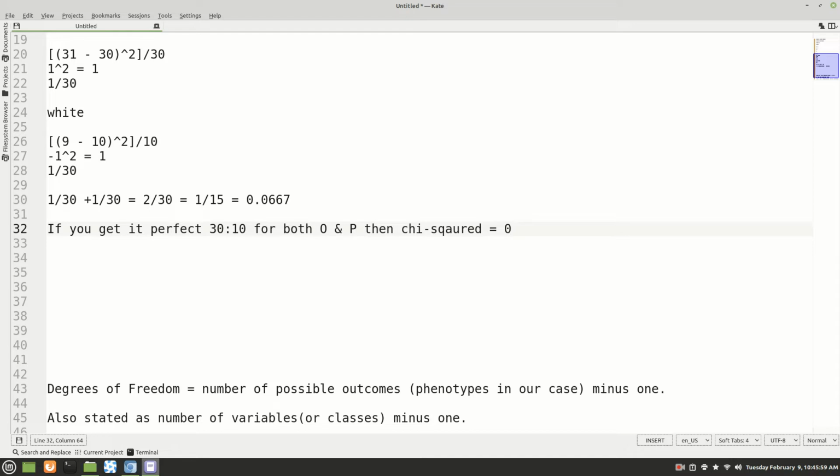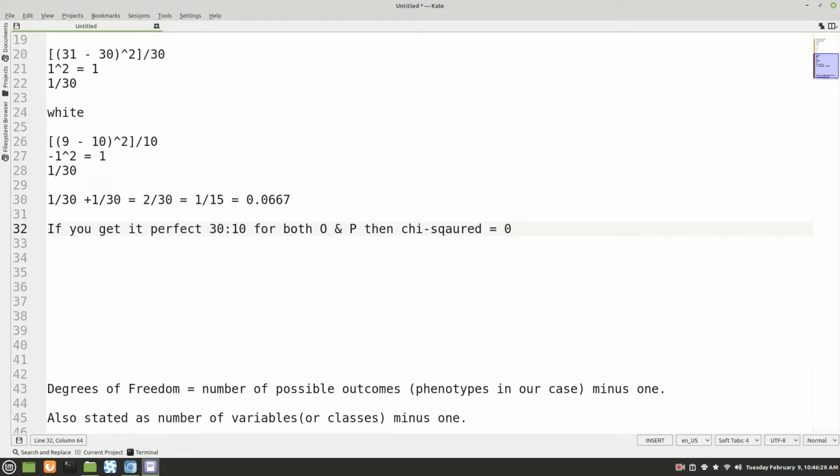All right, you're going to be subtracting here the same number. 10 minus 10 is 0, 0 squared is 0, 0 over 10 would still be 0. This is a perfect answer, and what that means is you hit the model exact, and whatever you were trying to say is correct. In other words, my hypothesis that we're going to talk about in a second is right on the model. In other words, our ratios are the same.